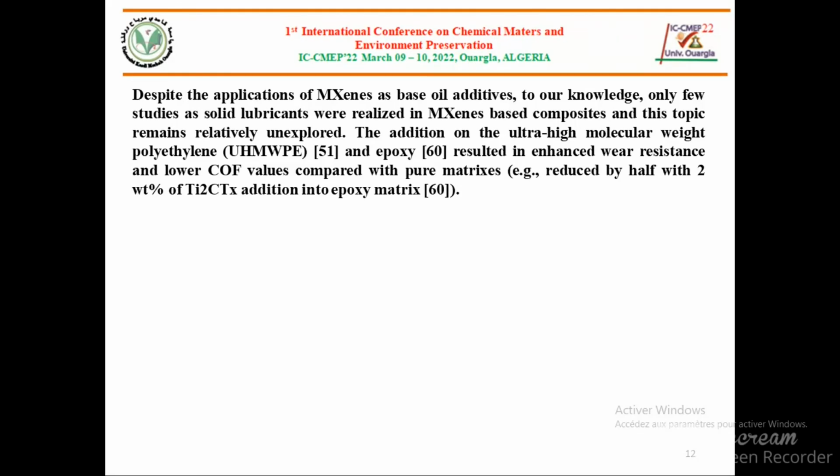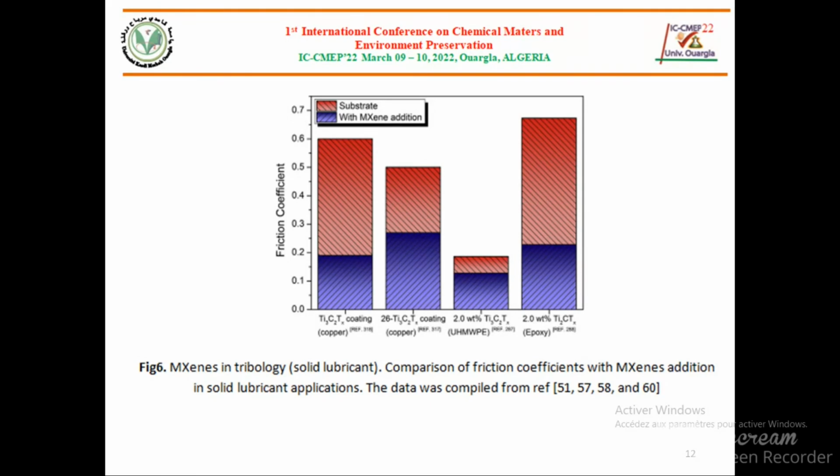Despite the application of MXenes as base oil additive, to our knowledge only a few studies as solid lubricant were realized in MXenes-based composites, and this topic remains relatively unexplored. The addition to ultra-high molecular weight polyethylene and epoxy resulted in enhanced wear resistance and lower COF values compared with pure matrices, as presented in this figure.